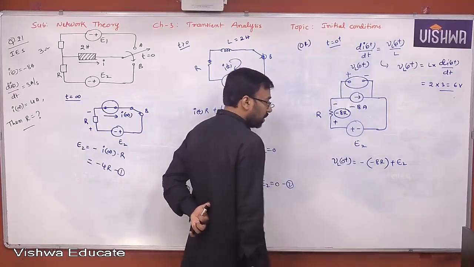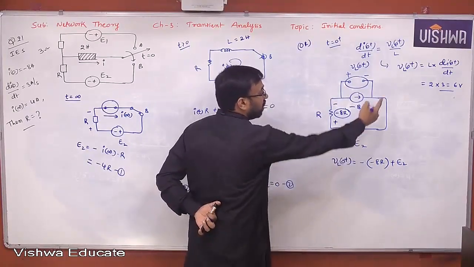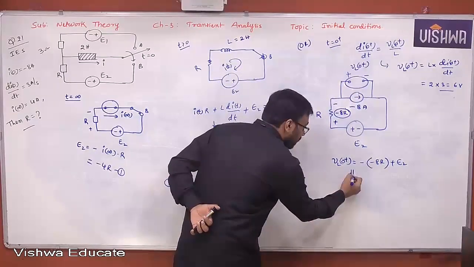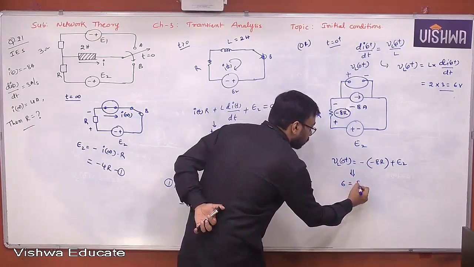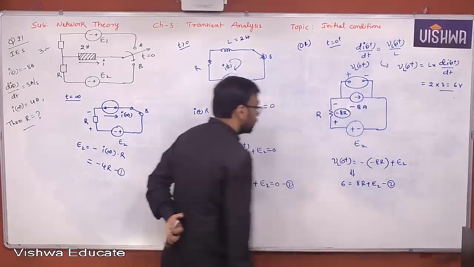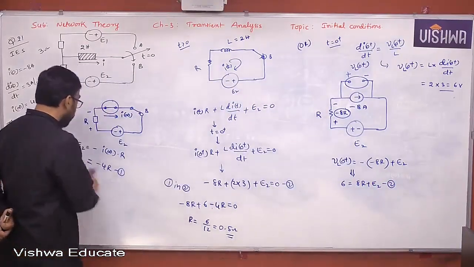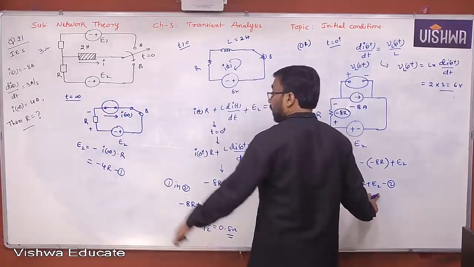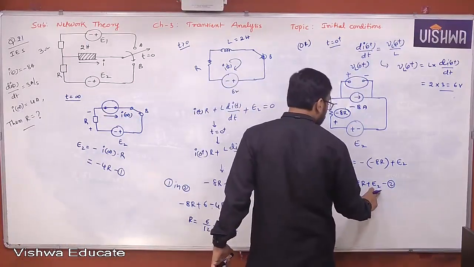Understand all of you? So what is the VL of 0 plus here that you already know? 6 volts. Yes or no, all of you? Therefore, from this you can say 6 volts is equal to 8R plus E2. This is the second equation. Now once you substitute the E2 value here, equation 2, what do you get here?